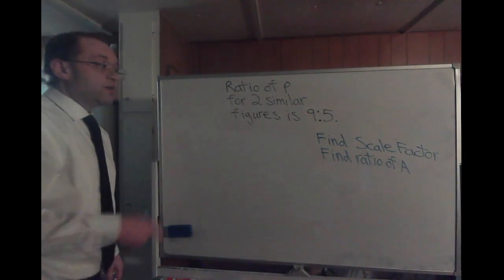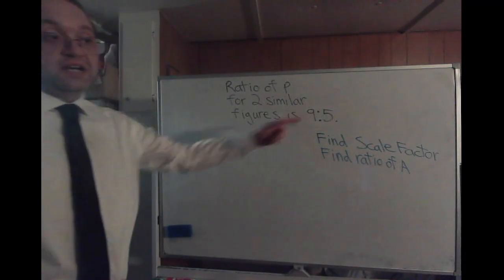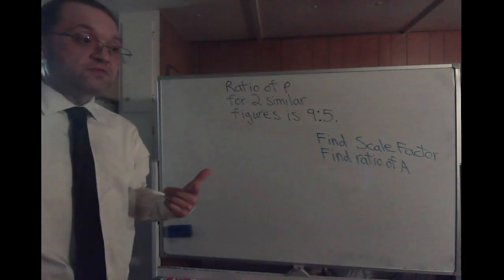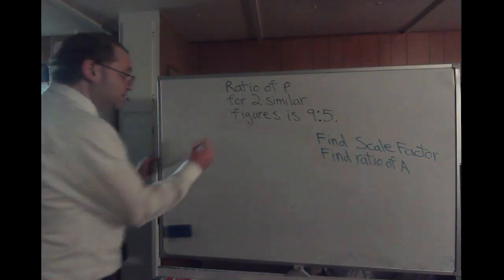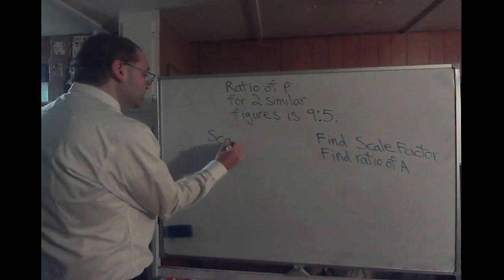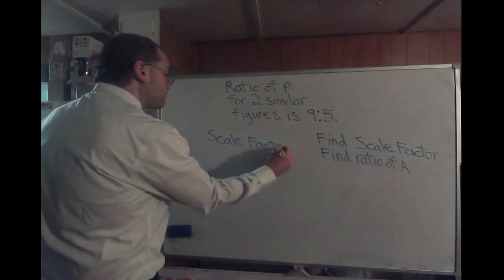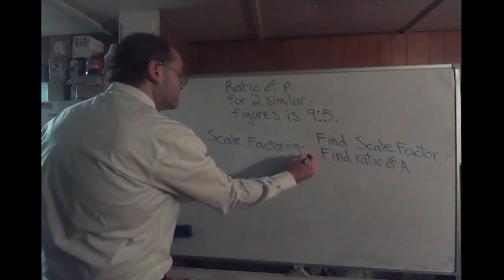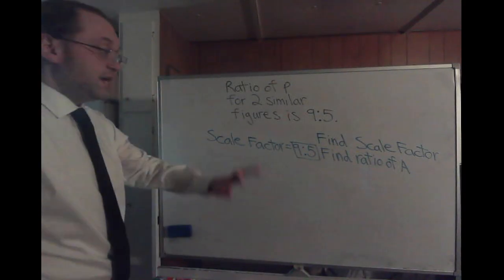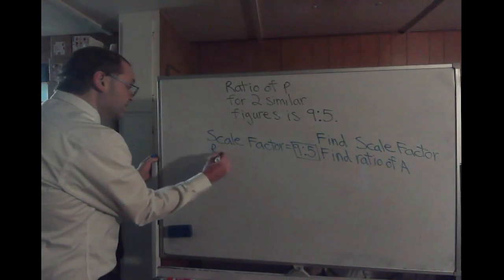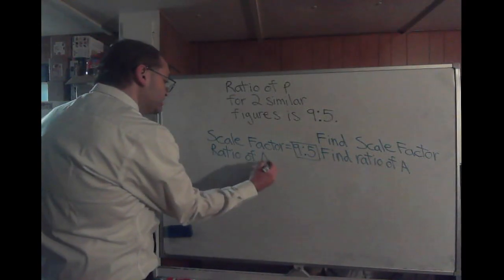Well, we don't start out right off the bat knowing the scale factor, but we know that the ratio of their perimeters is 9 to 5. Isn't it true that the scale factor and the ratio of the perimeters are the exact same? So that means the scale factor itself would also be 9 to 5. Now that we know the scale factor, we can find the ratio of the areas.